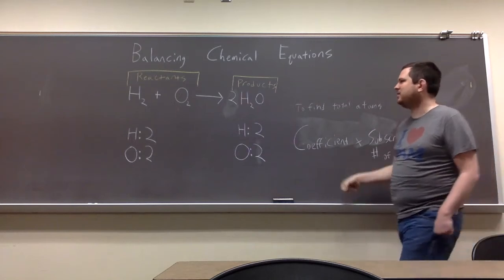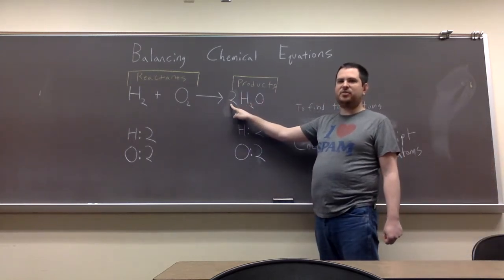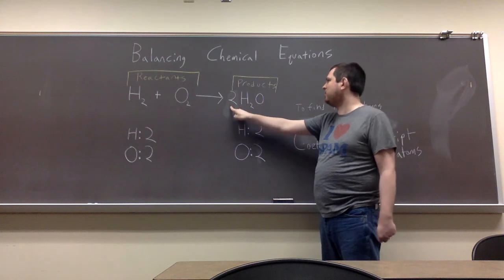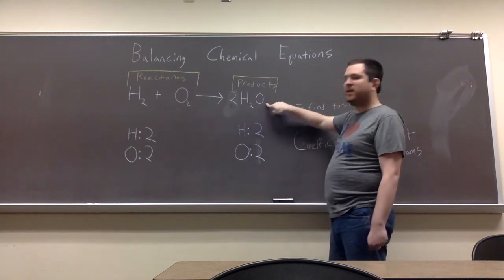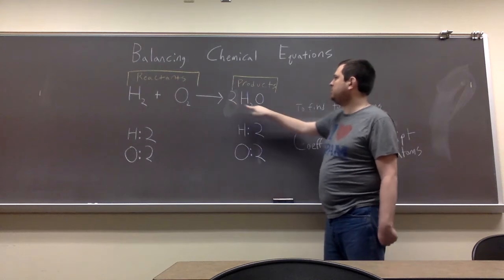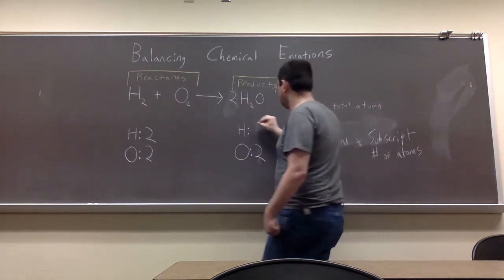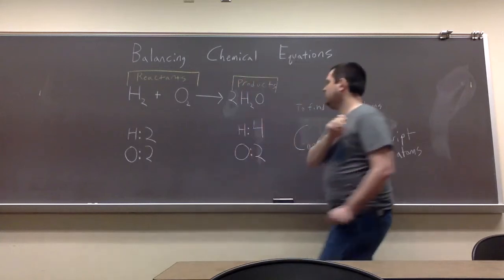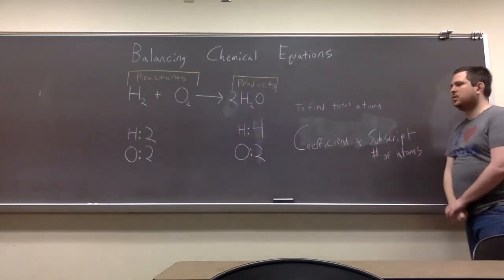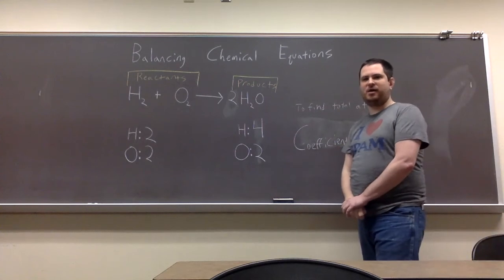Except we're not really, because you do it for every single thing that exists in your molecule. So while you've multiplied the oxygen, you've also multiplied the hydrogen. 2 times 2 gives us 4 hydrogen. And now our hydrogen numbers are off.